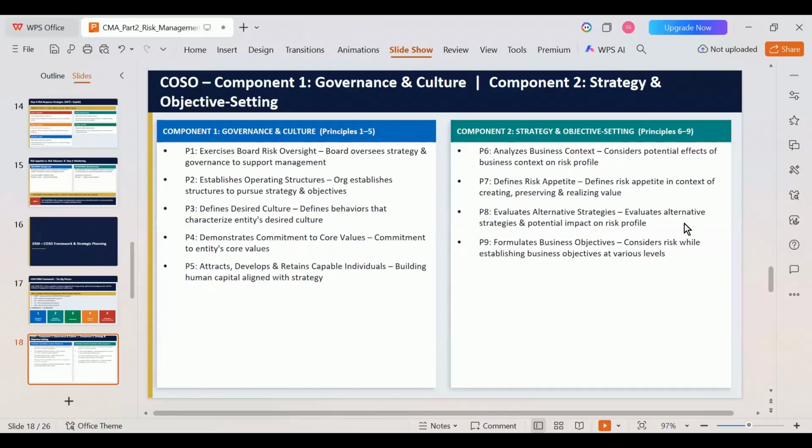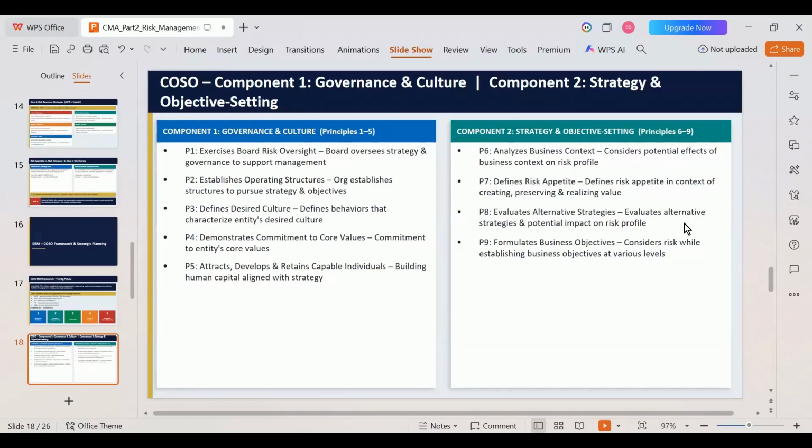Then comes defining the risk appetite. What is this risk appetite? It is the level of risk we want to take in our business in order to create, preserve, and realize the value. Then comes evaluating alternative strategies.